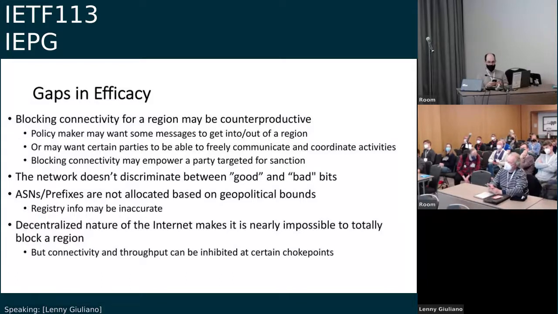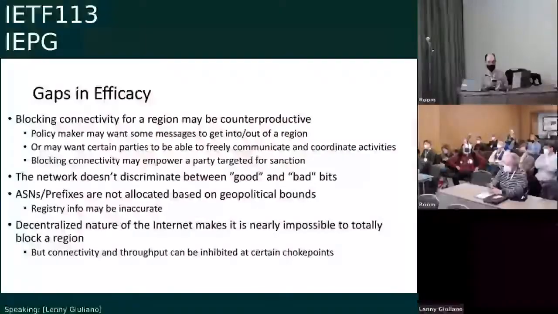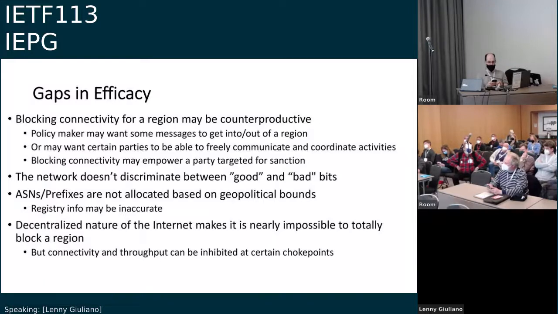Also, it may end up empowering a party that is the target of sanction, allowing that party or regime to consolidate their power by not allowing some of the information that we just mentioned to go in or out or within a region freely. The thing to keep in mind is the network is amoral.